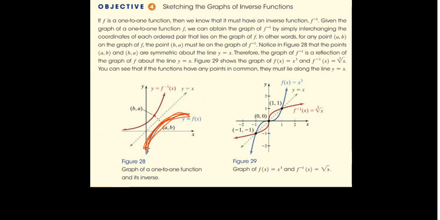If you are tasked, and you will be, with drawing the inverse function, all you have to do is imagine this line right here. That's the line y is equal to x, or the identity function that we have gone over before. It's just a nice little slanted line.